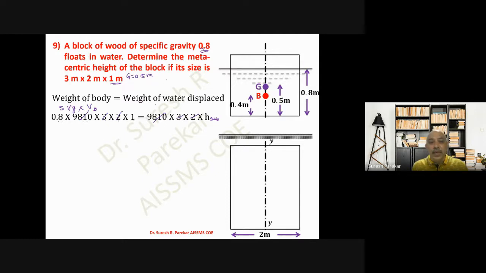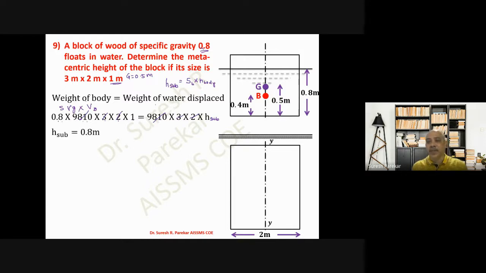So now you can keep in mind this formula in this fashion also. H submerged is equal to S, that is specific gravity of the body, multiplied by H of the body, and that will give you height of body submerged. And we have this value 0.8 meter.